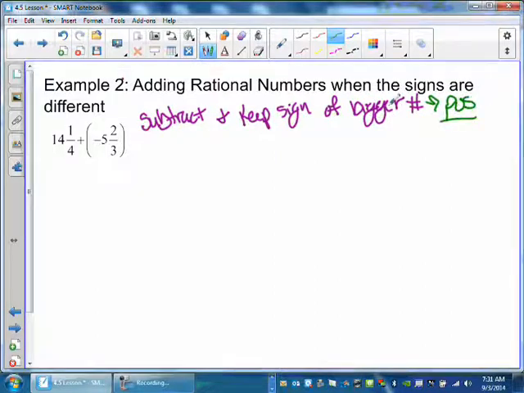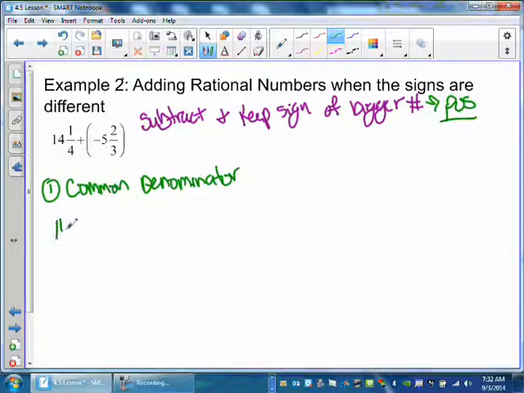Okay, so remember that number 1 is to make sure we have a common denominator. We do not already have a common denominator, so we need to figure that out. So the first thing is to find a common denominator. Right here, the 4 and the 3, 12 is what they have in common.